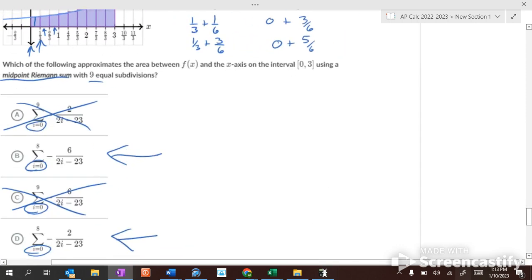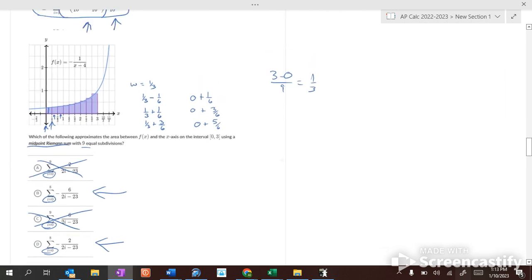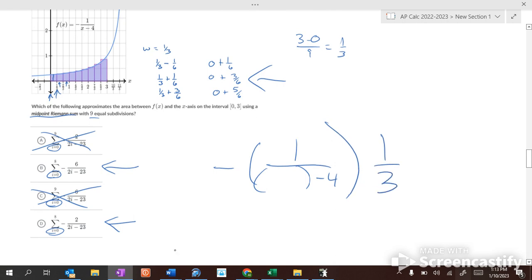Okay. So putting this all in here, what's our function? It's negative 1 over whatever I come up with here, which is what I'm struggling with right now, minus 4 times the width of 1/3. So I've got to get the right function in here that deals with our i's, because i starts at 0, and then it goes to 1, and then 2, and then 3.